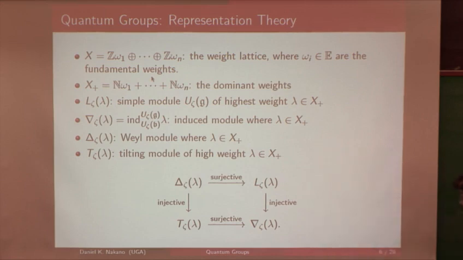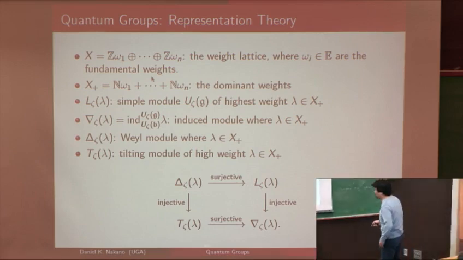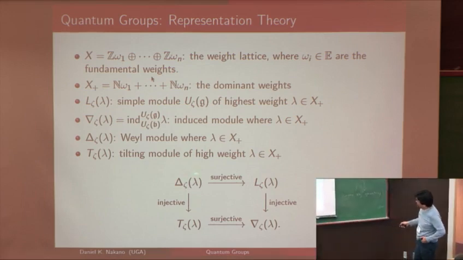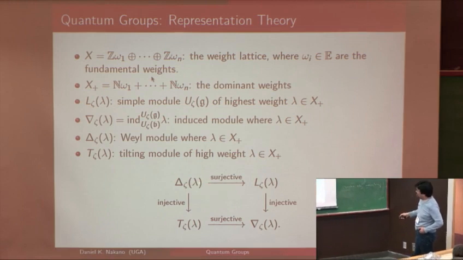My diagram is a little bit different than Henning's, but I think it says basically the same thing. We have an injection from this induced module into the tilting module. Remember, he was looking at the composition of these two maps over here. There's a surjection from the tilting module... sorry, is that right?